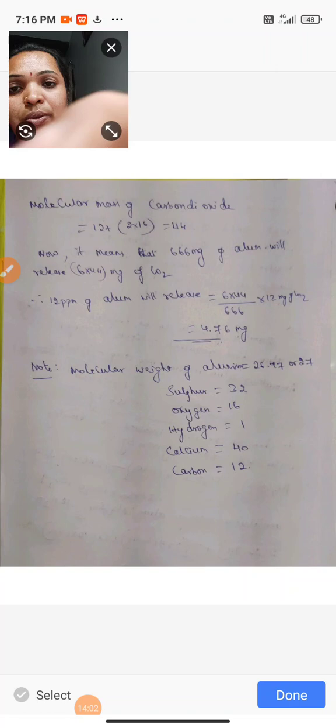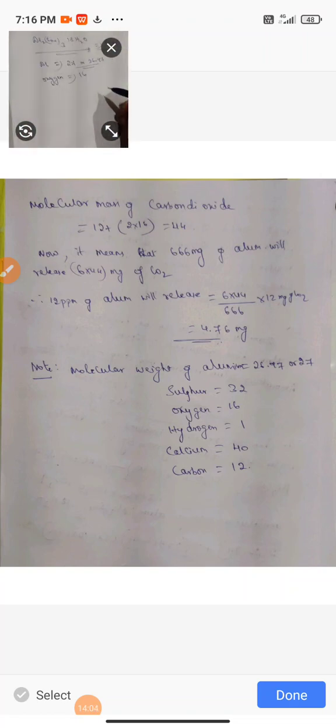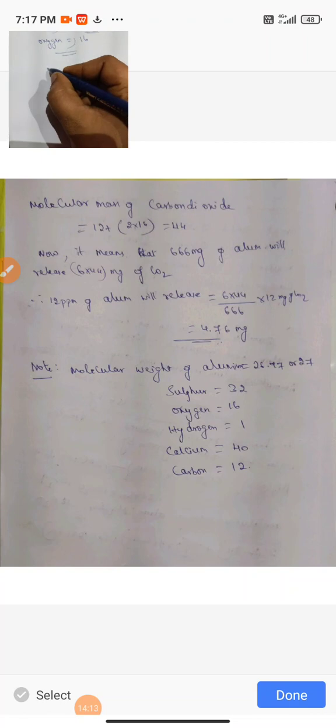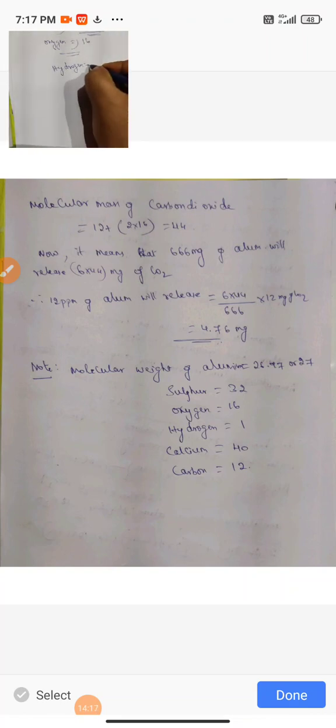So here the molecular weight of the aluminium is 27 or 26.97, the oxygen is 16, the hydrogen is 1, calcium is 40, then carbon is 12. These are the molecular weights of each component.